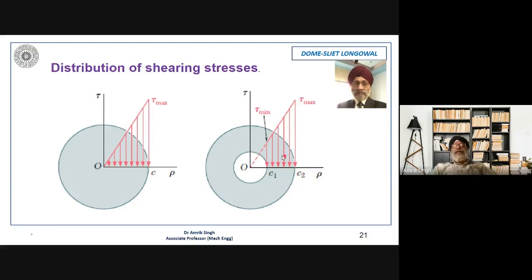Because the stress at the center is less, if we are using the same material, we are wasting it. So we take out this material and make the shaft hollow. When we make it hollow, it becomes lighter, and at the same time it carries more torque because the average shear stress will be much higher than this.